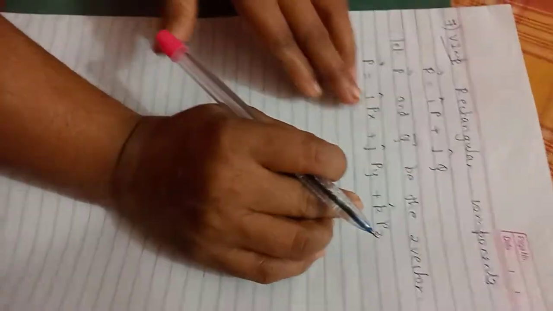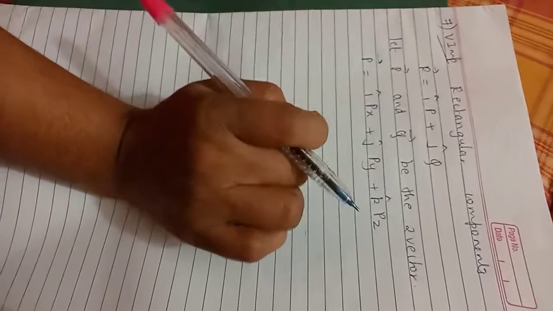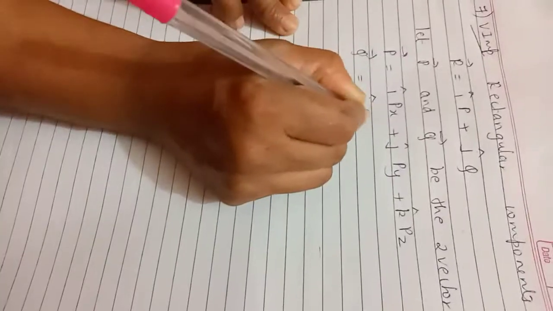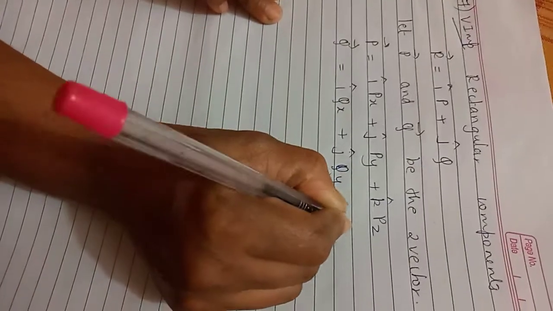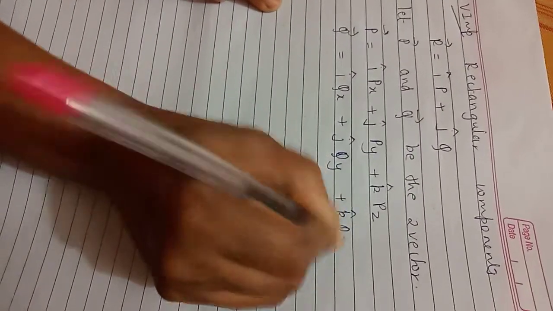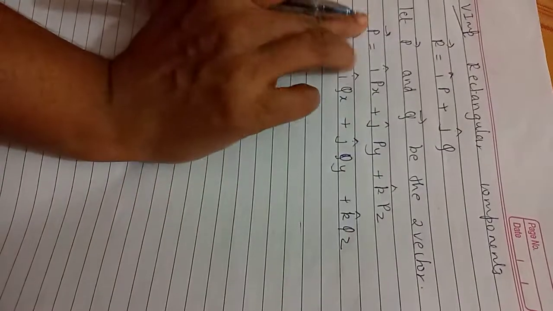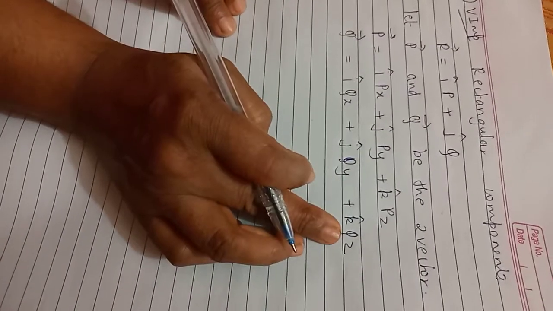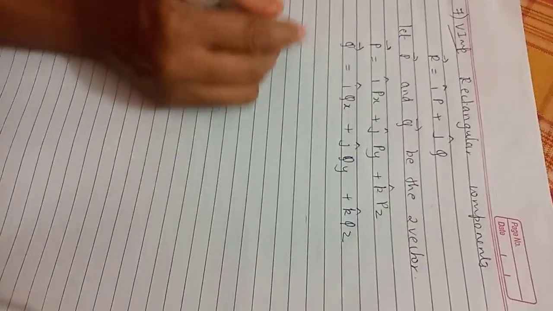Because I am not only considering the X and Y axis, I am also considering the Z axis, students. Now vector Q, similarly, will be I Qx plus J Qy plus K Qz. Px, Py, Pz are the rectangular components of vector P along x, y and z axis. Qx, Qy, Qz are the rectangular components of the vector Q along x, y and z axis.